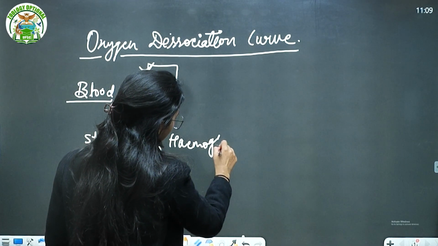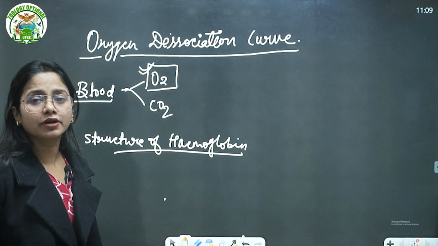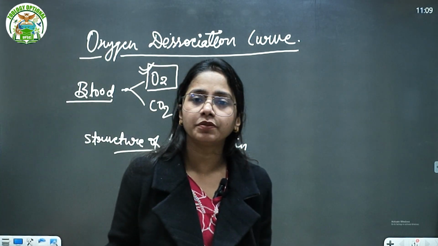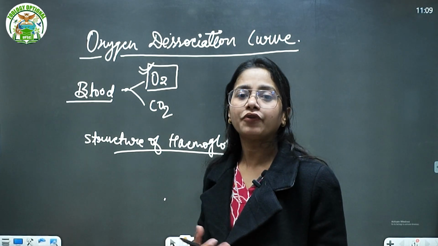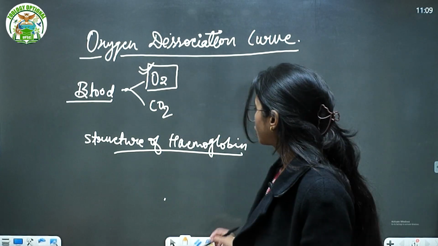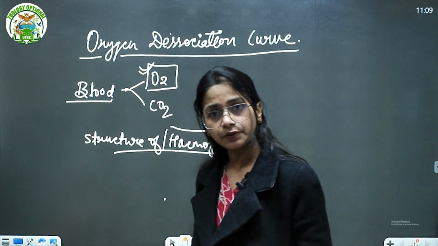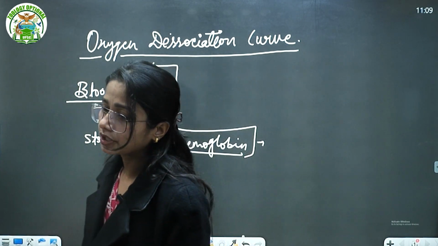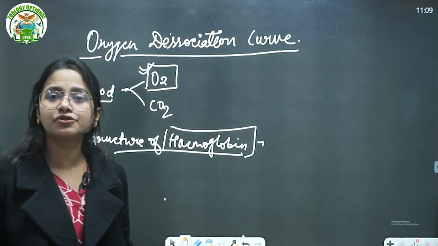Here we are not going to talk specifically about the structure of the globin. We are simply trying to relate where in the structure of the hemoglobin the oxygen is binding. Hemoglobin is a protein, and of course, this is a stable protein with a quaternary structure.